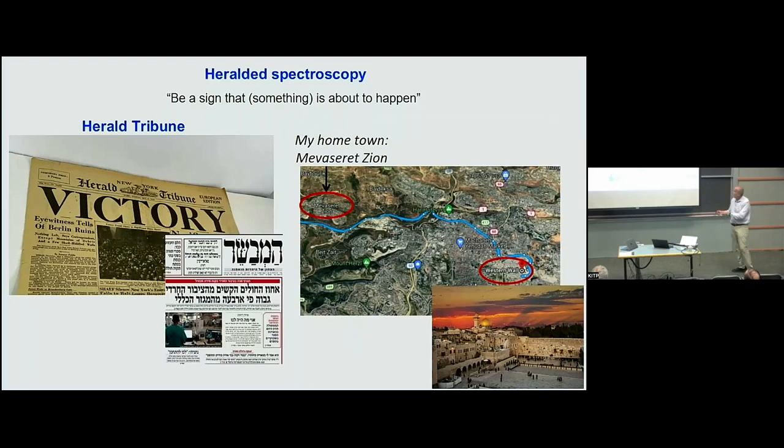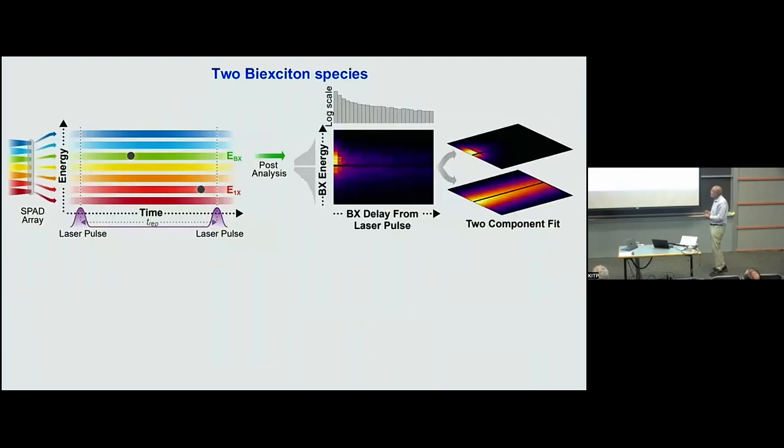So that's the idea, and that's why we are using heralded spectroscopy, because what we get is three things. First, dispersing the photons, we have information of the energy of the photon that arrived. Second, we have the time information, which we need. And third, we can specifically follow pairs, just pairs.